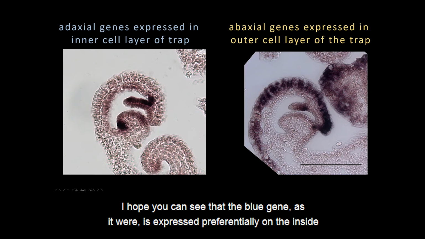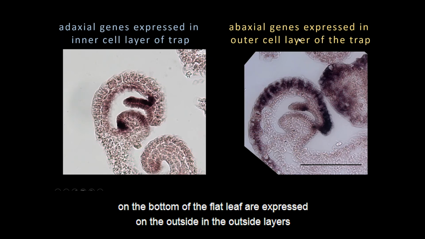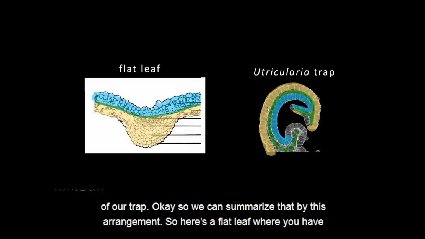Okay, and I hope you can see that the blue gene is expressed preferentially on the inside of our trap, on the inner surface, whereas the brown gene, the Ab-axial genes that are normally on the bottom of the flat leaf, are expressed on the outside layers of our trap. Okay, so we can summarize that by this arrangement.